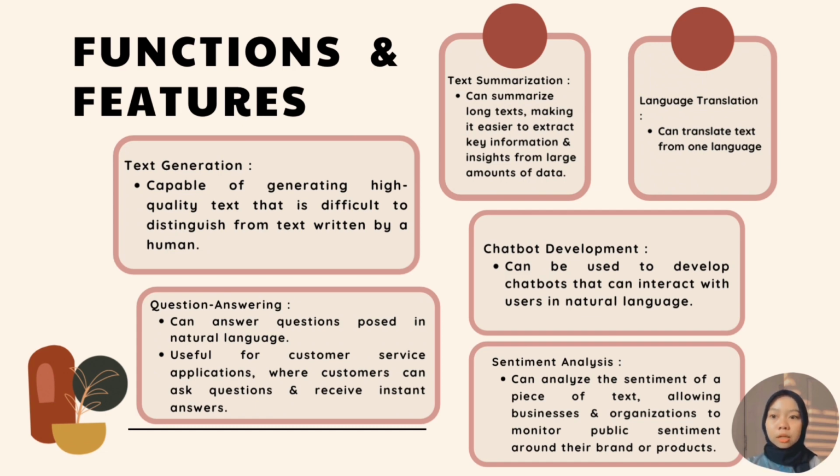Furthermore, chatbot development. GPT-3 can be used to develop chatbots that can interact with users in natural language. This is useful for customer service applications where chatbots can handle common queries and free up human agents to handle more complex issues. And lastly, sentiment analysis. GPT-3 can analyze the sentiment of a piece of text, allowing businesses and organizations to monitor public sentiment around their brand or products.